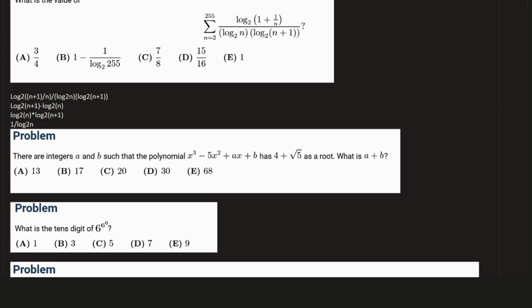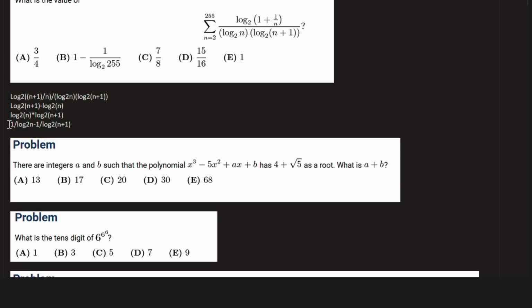We can do the same with the other side, minus log 2 of n over log 2 of n times log 2 of n plus 1, to get 1 over log 2 of n minus 1 over log 2 of n plus 1. So what we're looking for here is that this will telescope, because log 2 of n plus 1, when we move on to n plus 1, will cancel out.